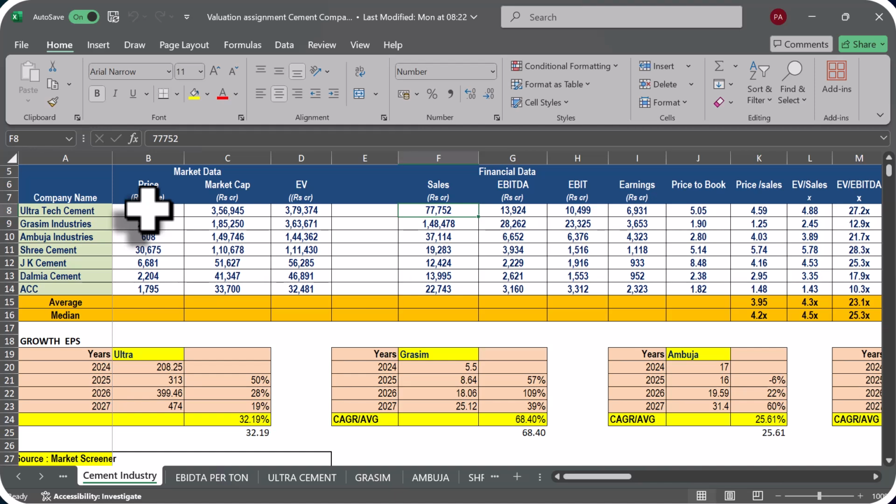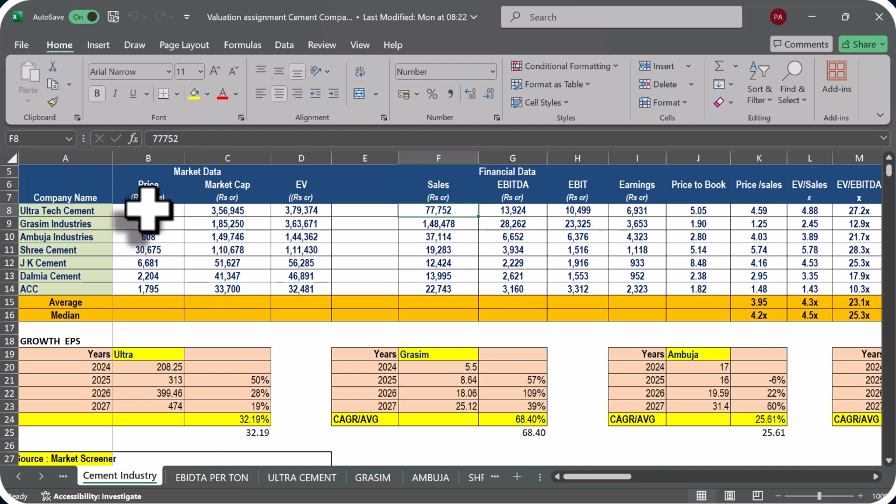So we want to know how much sales the company has done in the last 4 quarters, instead of the 1 year given in the annual report, which will come only after the year is over. So we disregard that sales and include the sales made in the last 4 quarters.